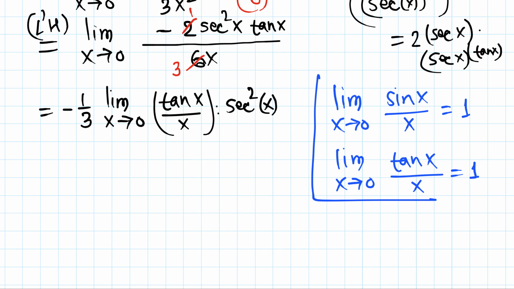Now the limit of a product is the product of limits. We can apply the limit here and here. But tangent x over x, when x goes to 0, goes to 1. And secant squared 0 is 1. Secant is 1 over cosine, and cosine 0 is 1.